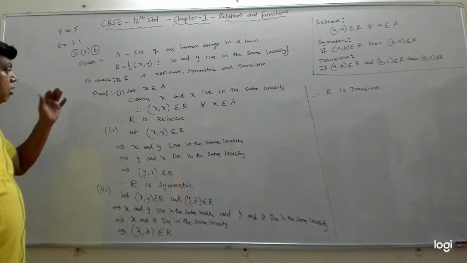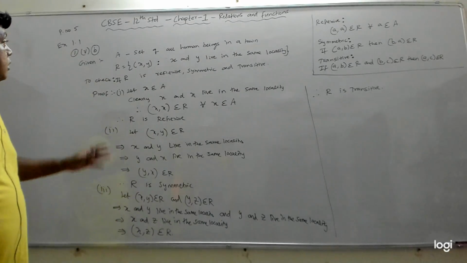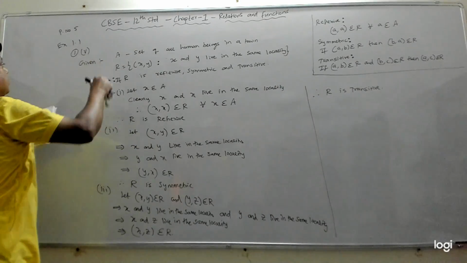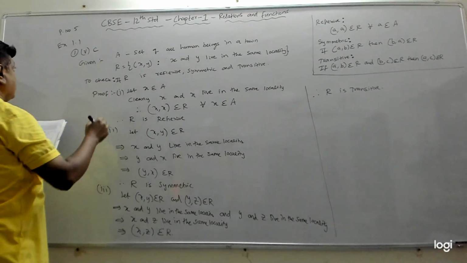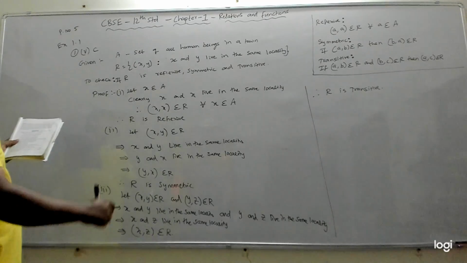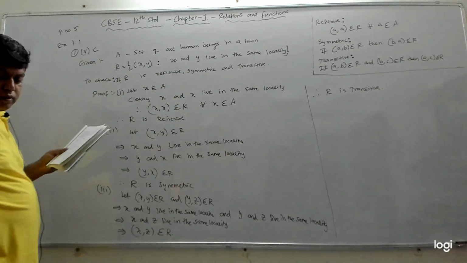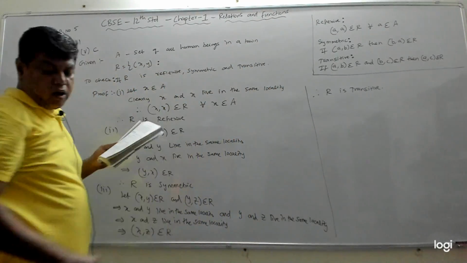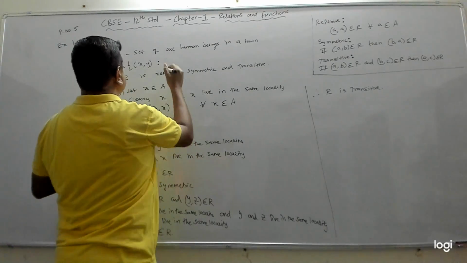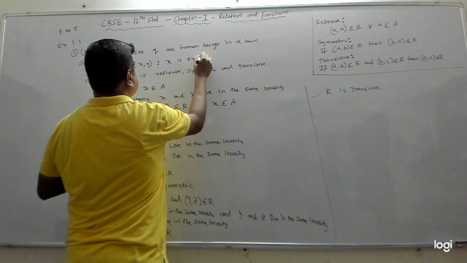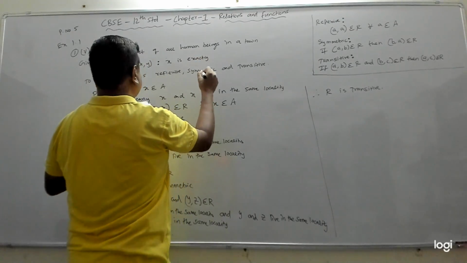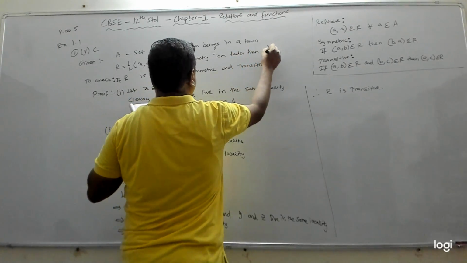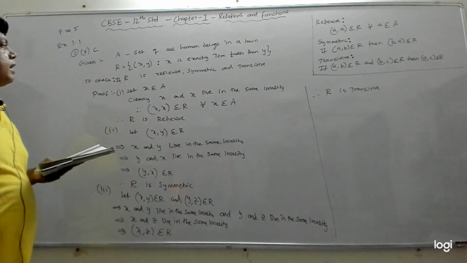Fine. So you can pause the video and take the notes. I'll go to the next problem, which is problem C. In the first problem, fifth subdivision C, same A is the set of all human beings, but R is the set of all x comma y such that x is exactly 7 centimeter taller than y.